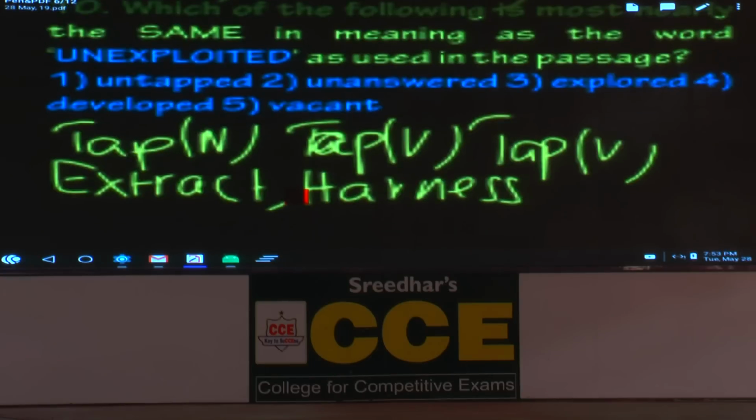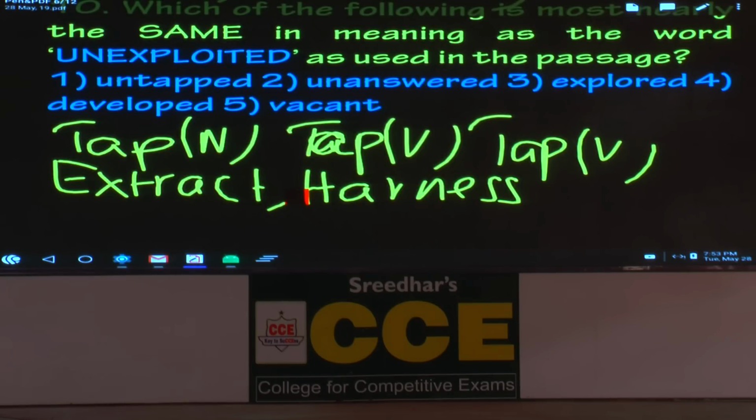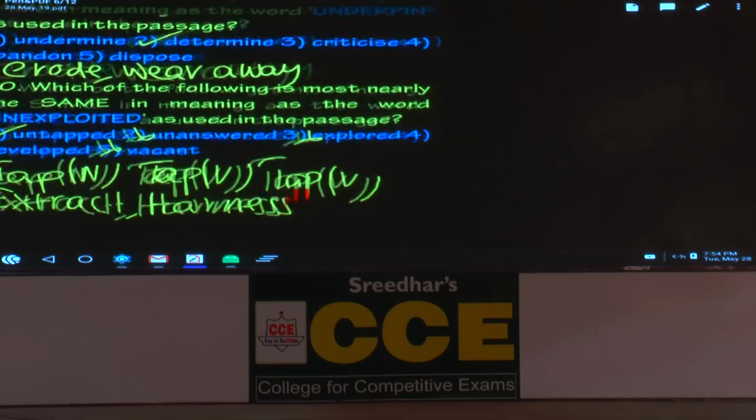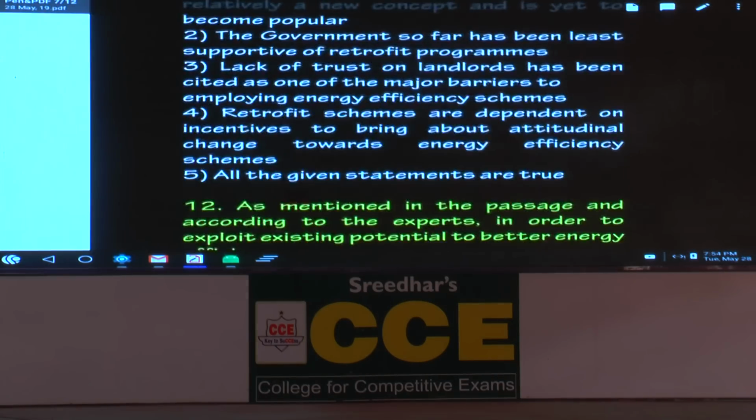Exploited, opposite, unexploited. Tapped, untapped. Do you think that is the answer? Hold that one. Unanswered. Is it related to exploitation? Mark it wrong. Explode, not related. Developed, not related. Vacant, not at all related. So what is the answer? Unexploited, untapped. But write the combination it goes with resources. That is an easy one, should not be a problem.